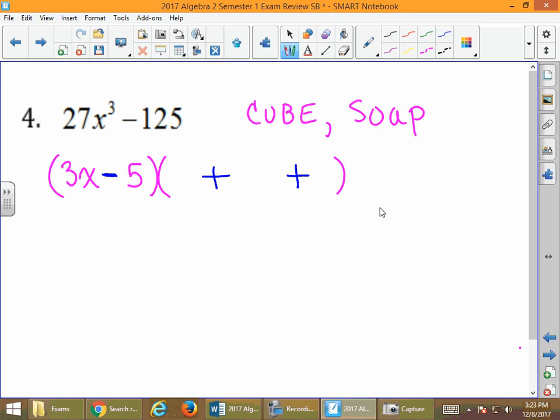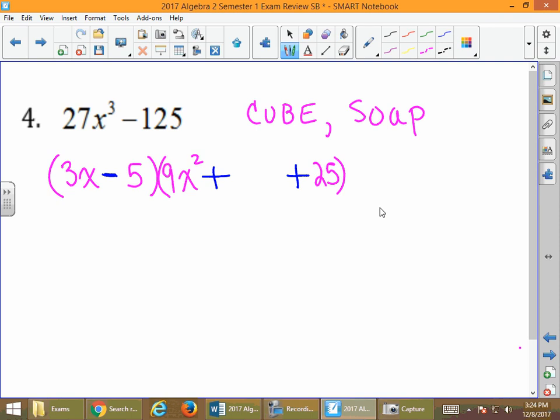So we'll go back here, and to figure out the first term, we're going to take 27x cubed divided by 3x. 27 divided by 3 is 9. X cubed divided by x is x squared. Going to go to the very last term. 125 divided by 5 is 25. And you may need to type that in your calculator, and that's okay.